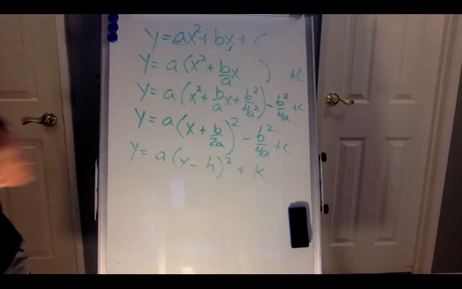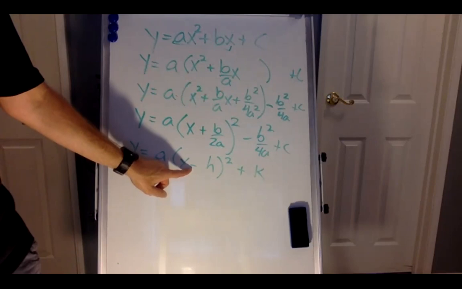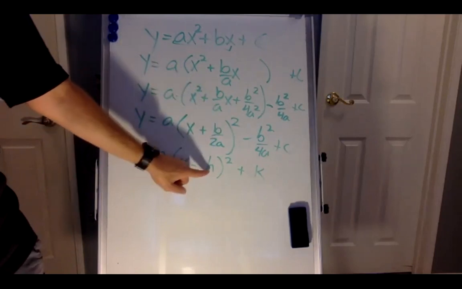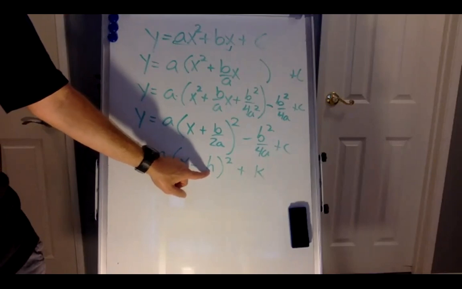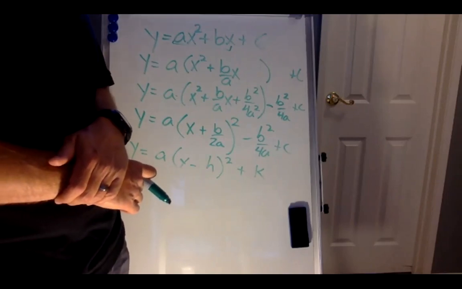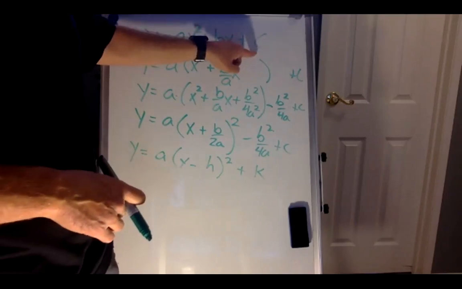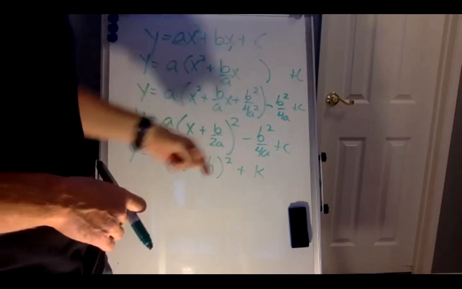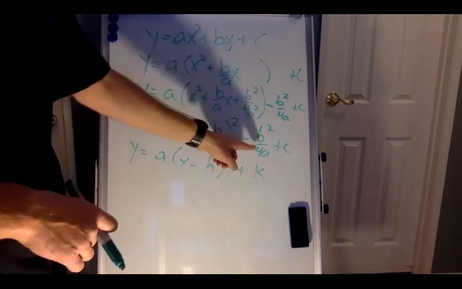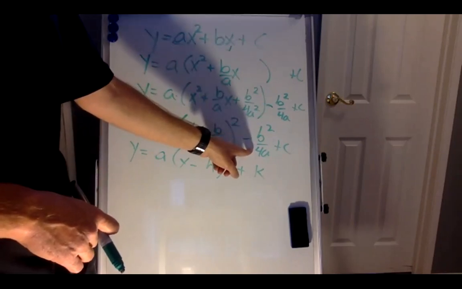Okay? H, if you notice, since this is minus and that's plus, negative B over 2A is the x coordinate of the vertex, which is your H. Your K is found at whatever your C was, minus B squared over 4A, which is a nice formula to have on your test.